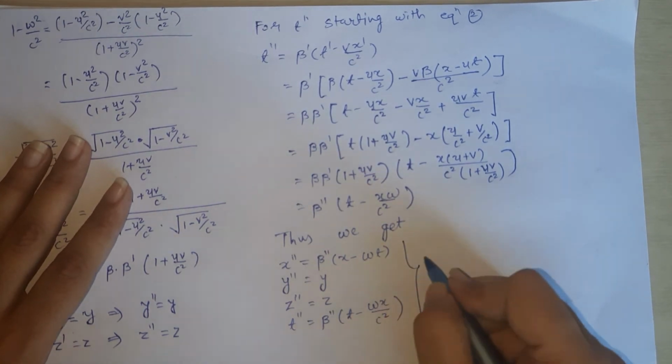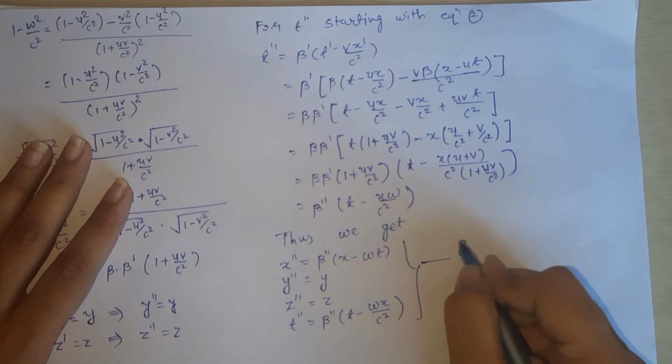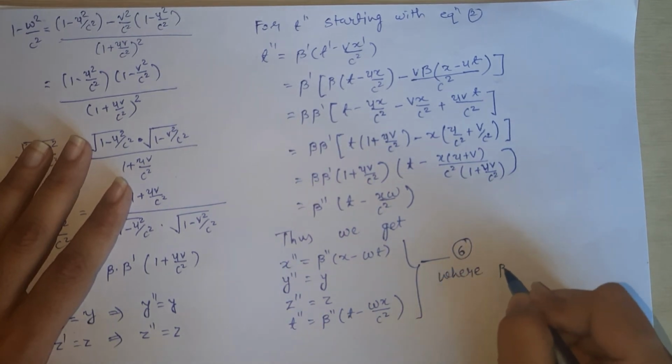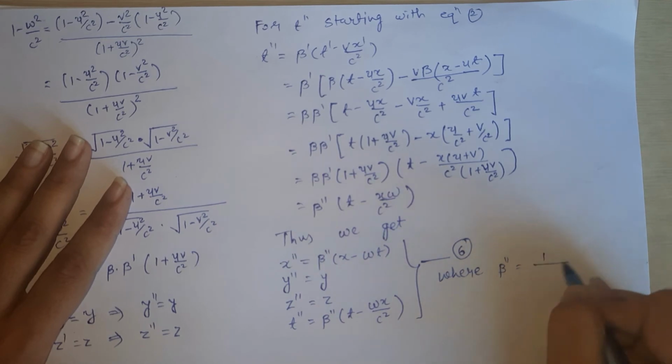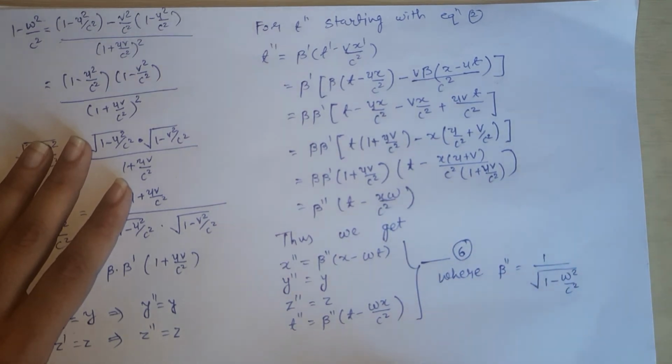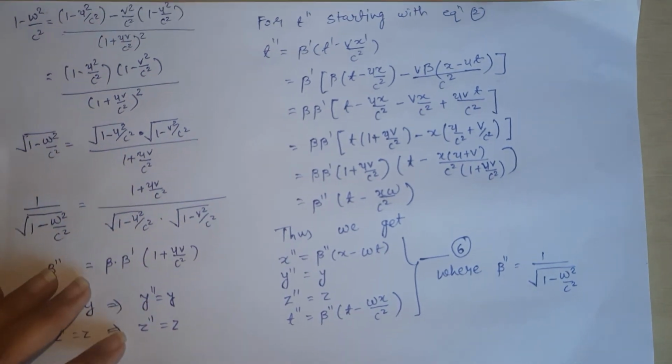We will name this equation 6, where the value of beta double dash is given by 1 upon under root 1 minus w square upon c square.